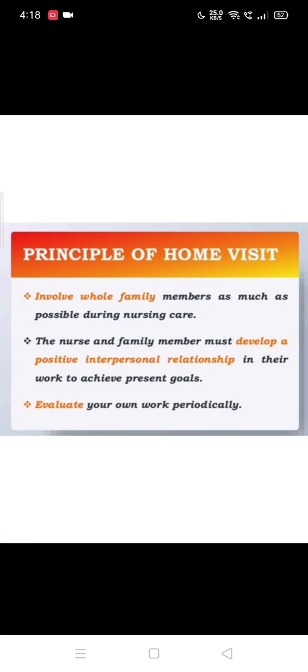Then the nurse and family members must develop a positive interpersonal relationship. You need to build a positive interpersonal relationship. For what? To achieve the present goal.